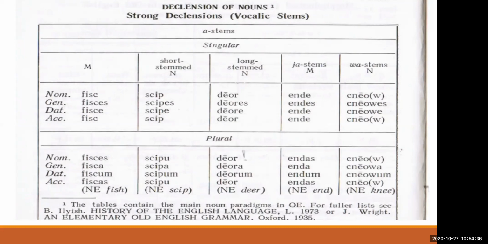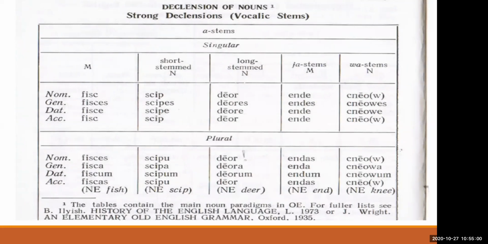Dative case is used mostly with pronouns and prepositions. For example, to fish, on fish, from fish. In that case, dative case is used. Accusative case is used for the meaning of object. For example, give me the fish.